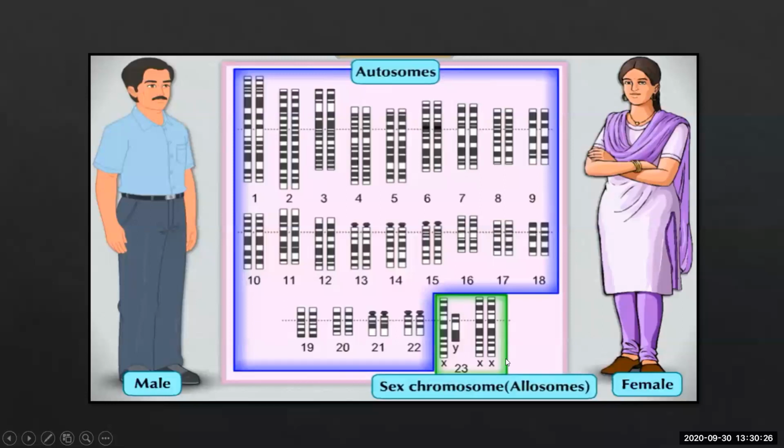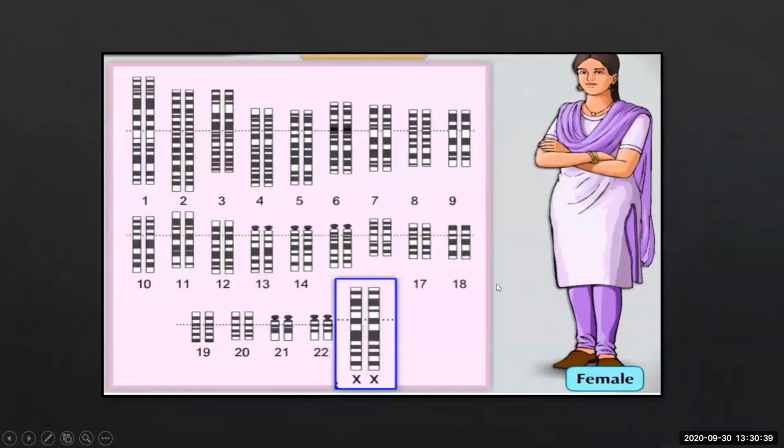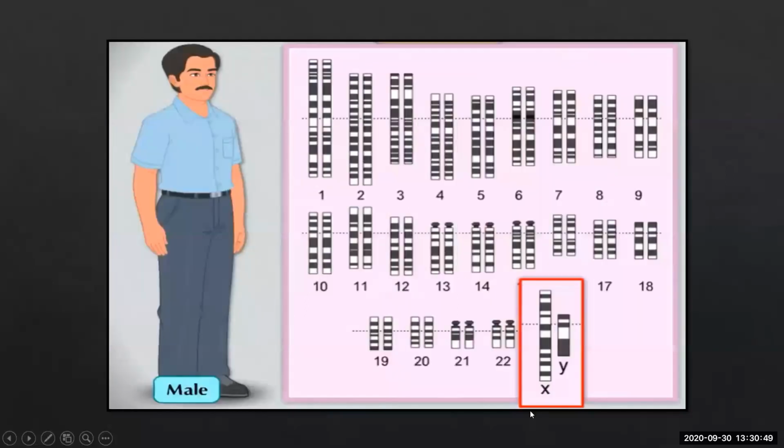So if in the last pair there is XX, then the human being is female. And if there is X and Y, then the human being is male. You can see in this chart, there are XX chromosomes, which denote the chromosomes of a female. Here you can see X and Y, so it represents the male chromosomes.